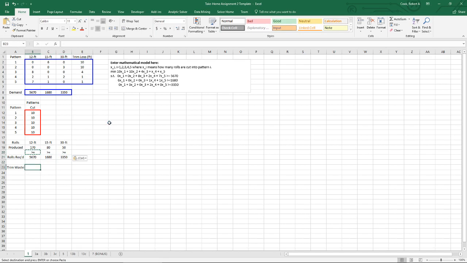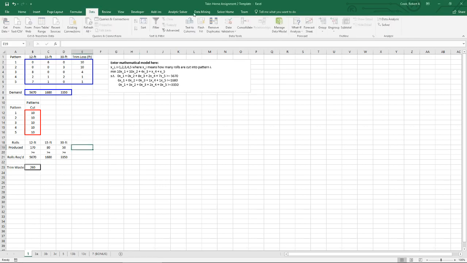So what that leaves is our trim waste, which is simply the SUMPRODUCT of our trim loss and our decision variables. So with our current situation, we only have 260 feet of trim loss. However, we are not even close to meeting our demand. So we are going to need to find a better solution in order to actually have a feasible solution.